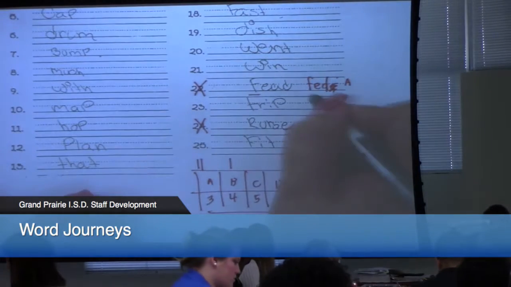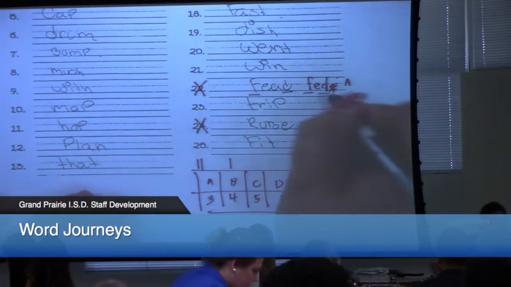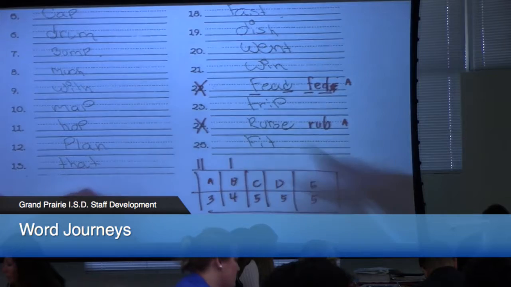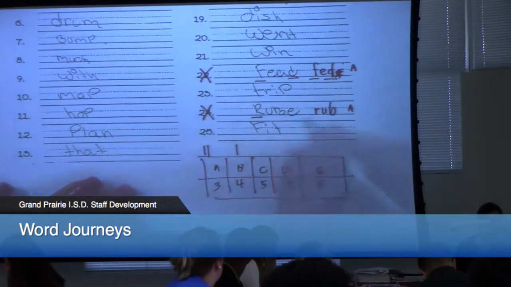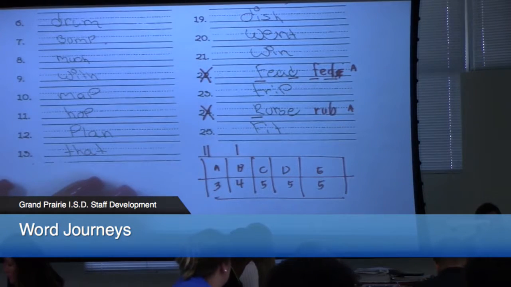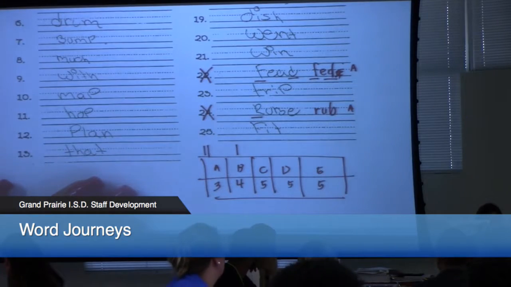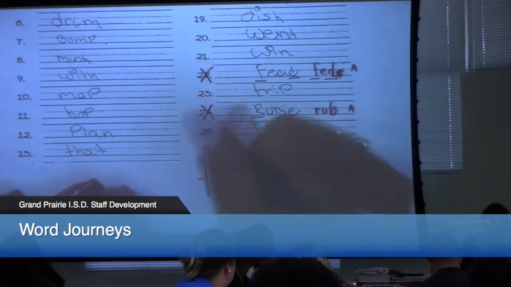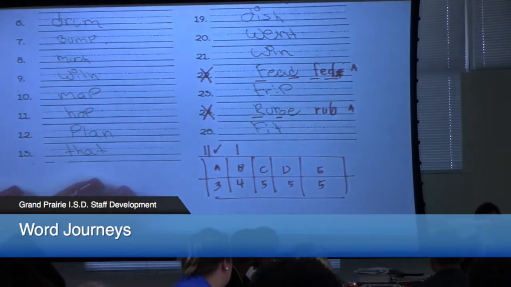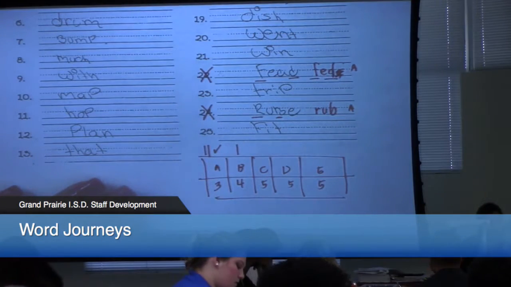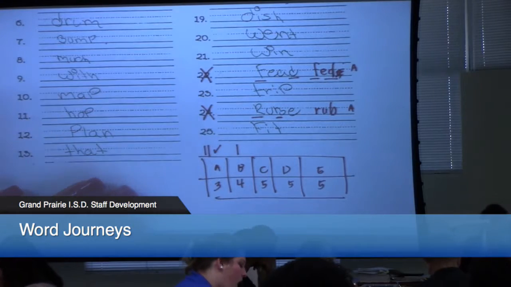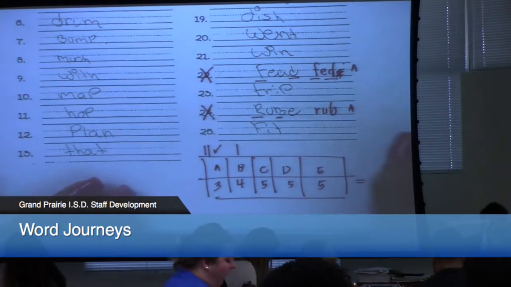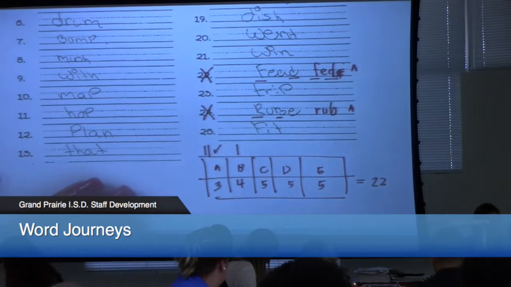F, F, D, D. Rub, and now you're going to look at this and you're going to go, ooh, an E at the end, but really that's a silent E. So she still has that B there, and so I'm just going to put a check mark. She doesn't need, she's good to go. And plus, what is this total score? 22. A stage score of 20 or above indicates mastery.